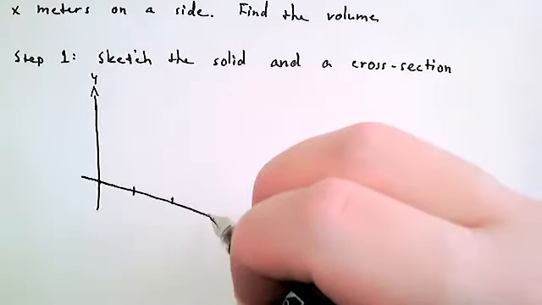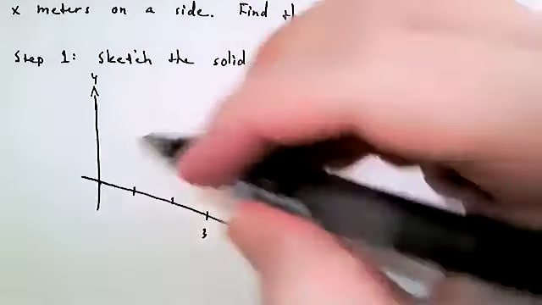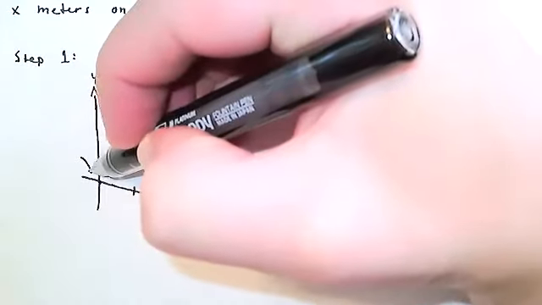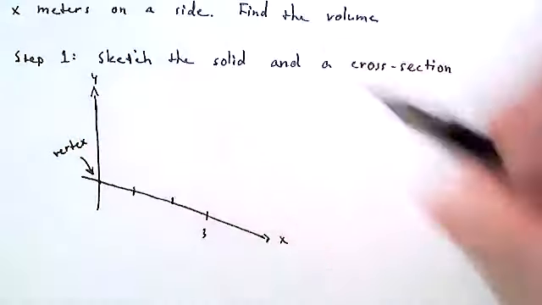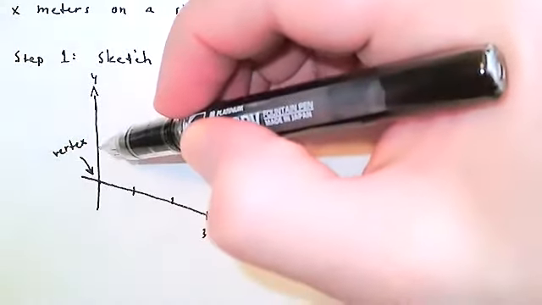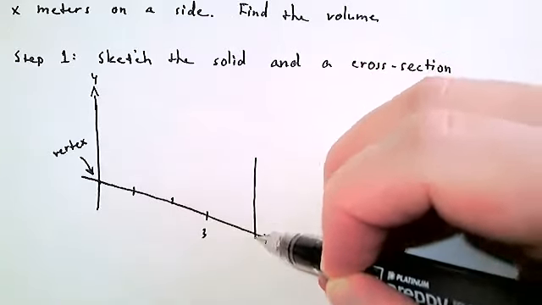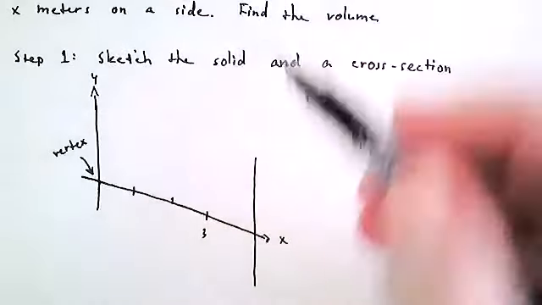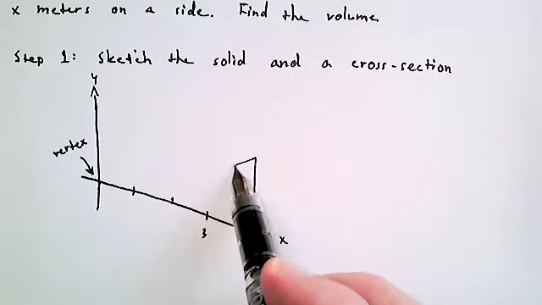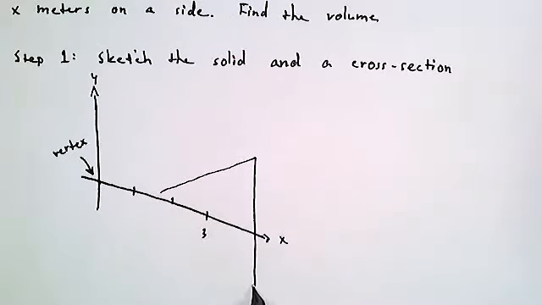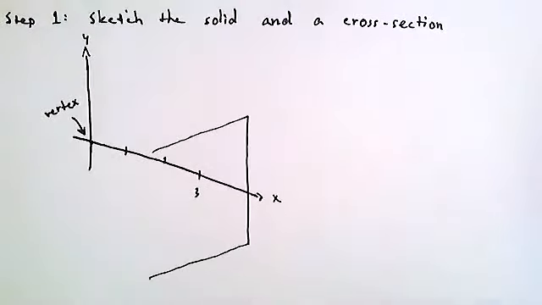So remember, it was 3 meters tall, and the vertex is going to be here. And the base is 3 meters on a side. So I need to draw a square base. But remember, this is in 3 dimensions, so I need to draw it in perspective.